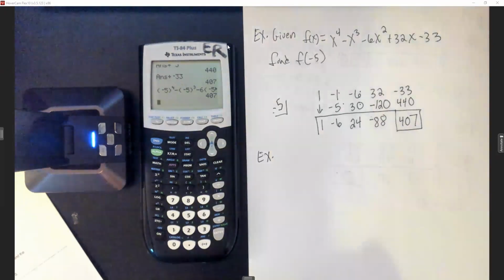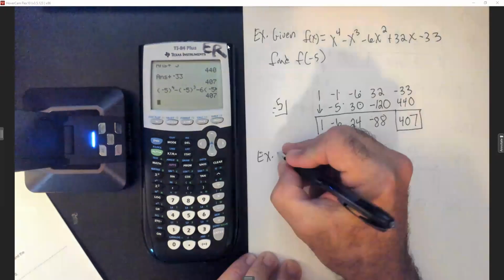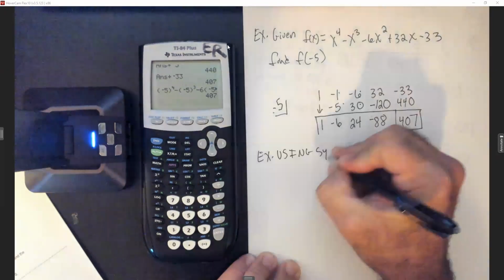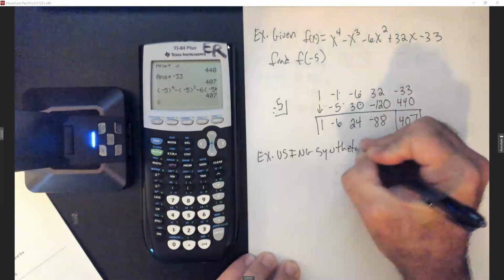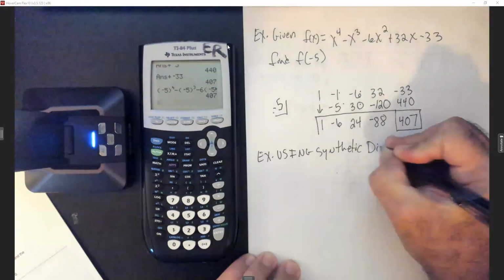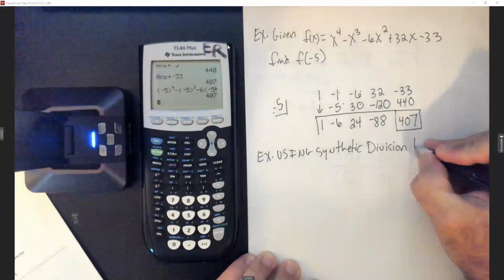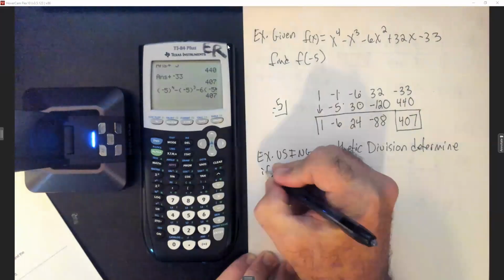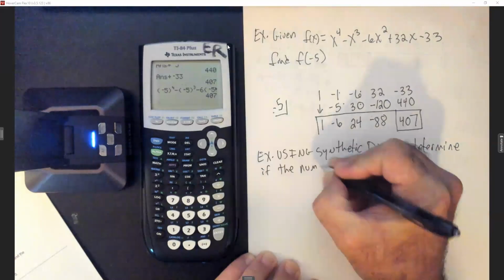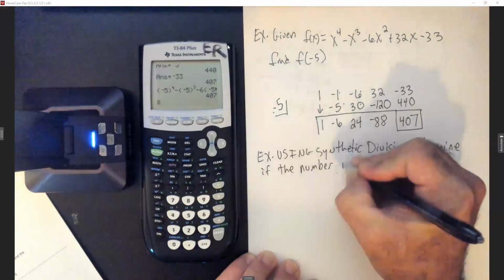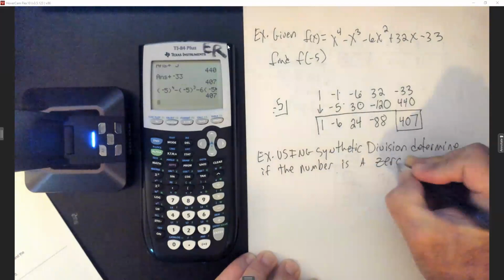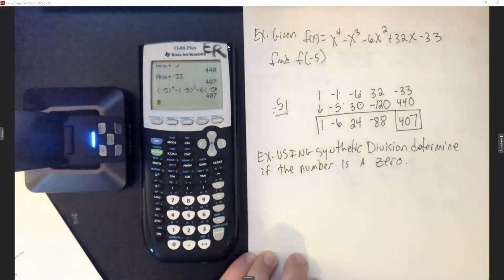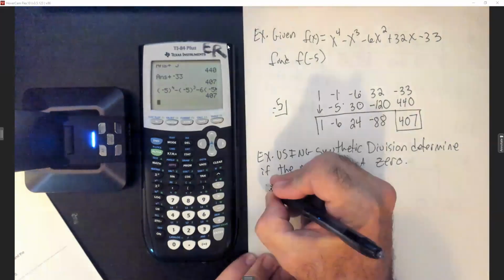Alrighty, so using synthetic division, determine if the number is a 0. So here's a little rule on this.